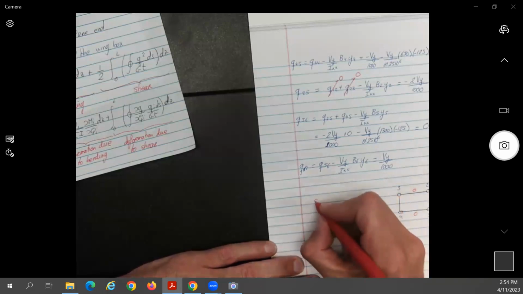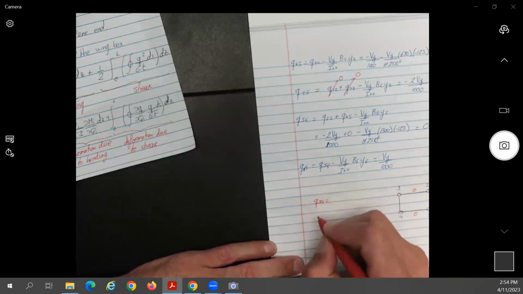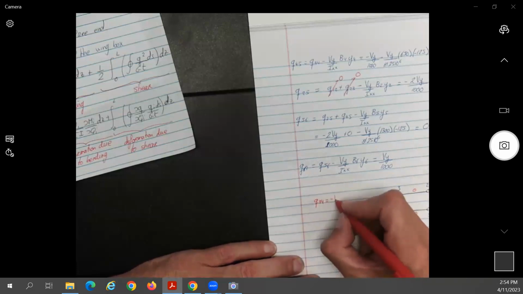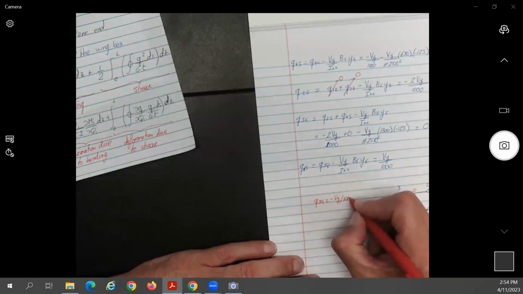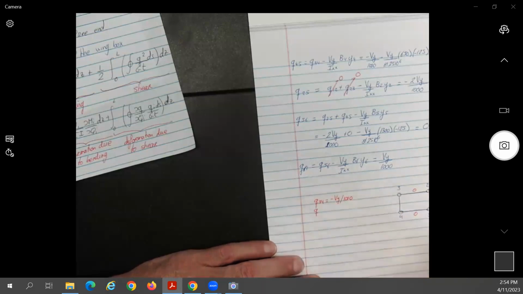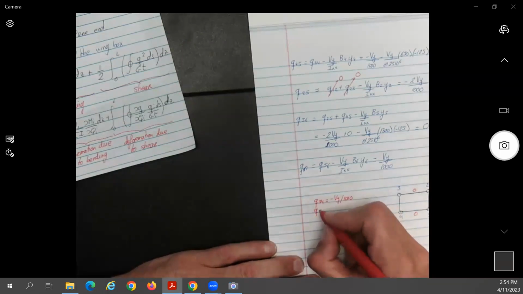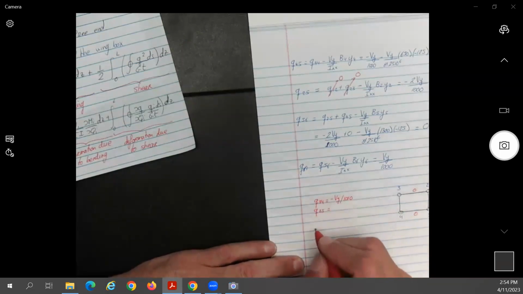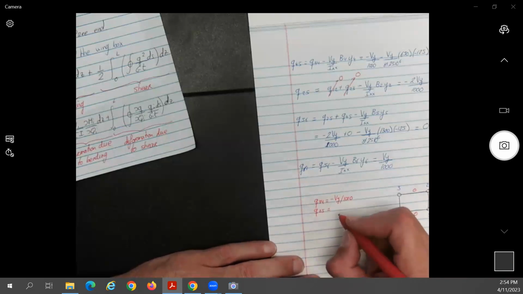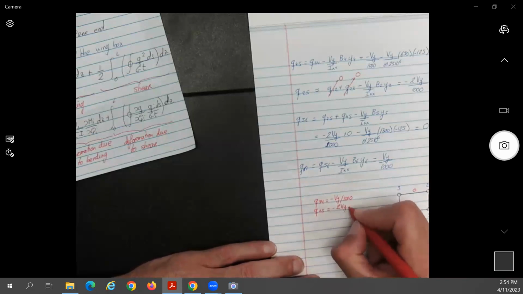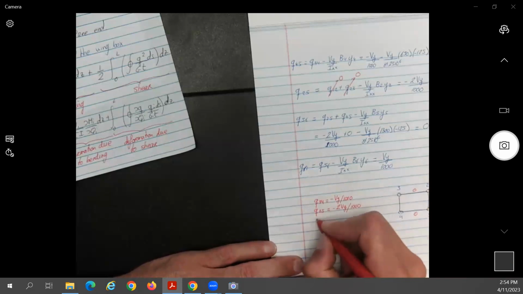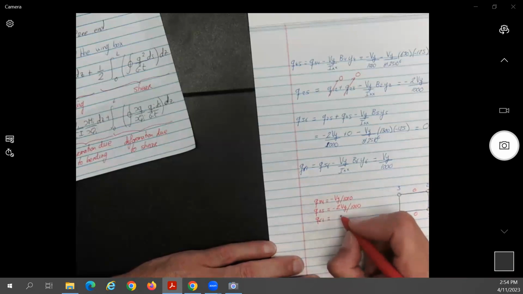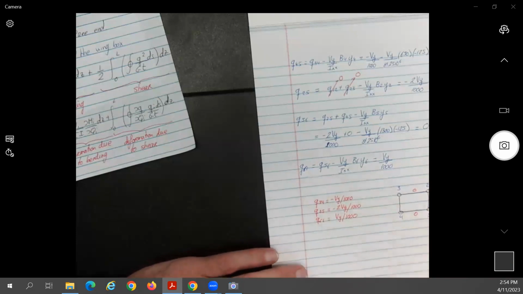We know Q34 is equal to minus Vy over 1000. Q25 we say was equal to minus 2 Vy over 1000, and Q61 was equal to Vy over 1000.